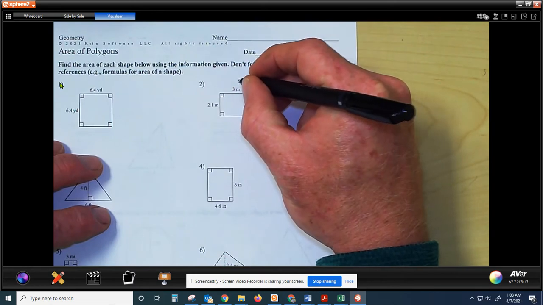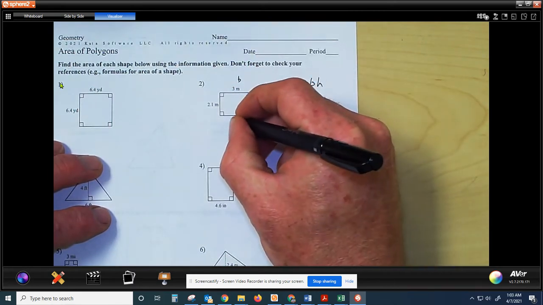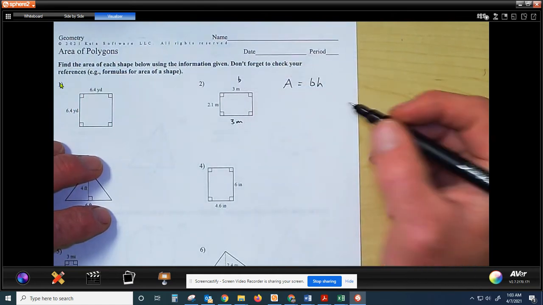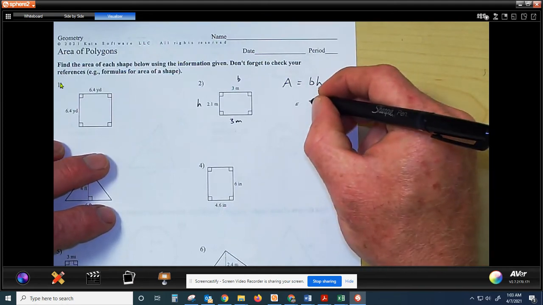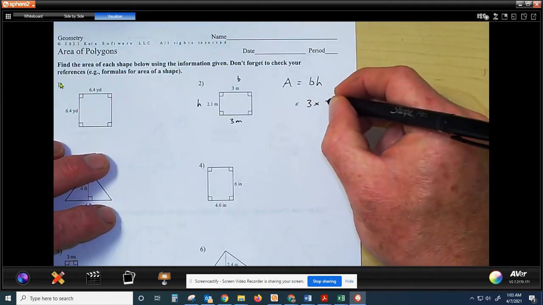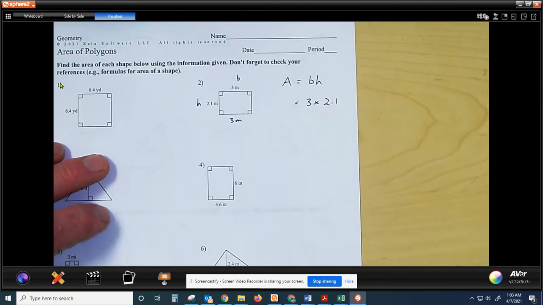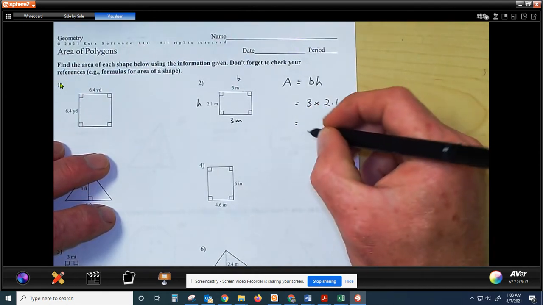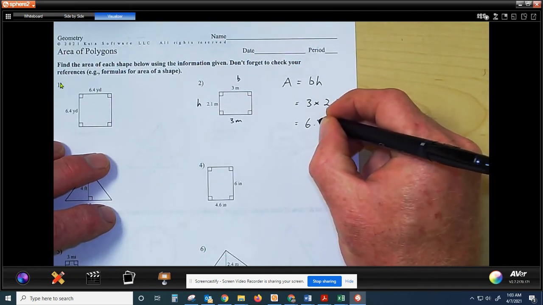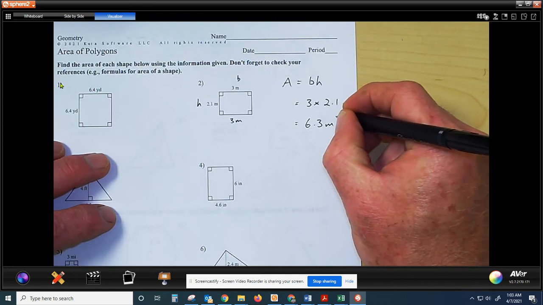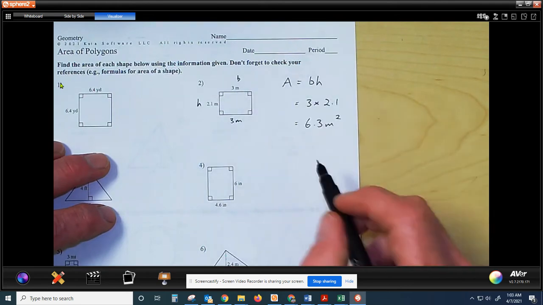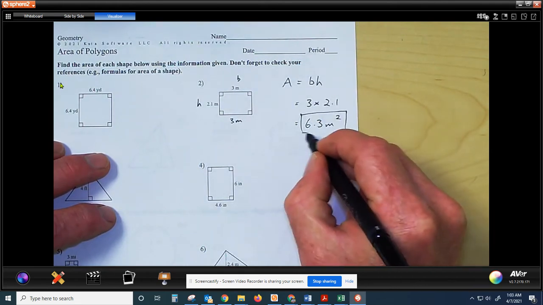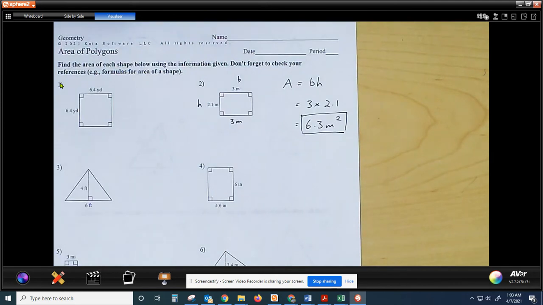Here, they just gave us a number for up here, but the same would be down here. That's my base, and this is my height. Equals 3 multiplied by 2.1. Okay, I put that into the calculator for myself to make sure, and it came to 6.3 meters squared, because this is a squared dimension. One dimension of meters times another, they have a unit that is square meters. Not too bad, right? 3 times 2.1.